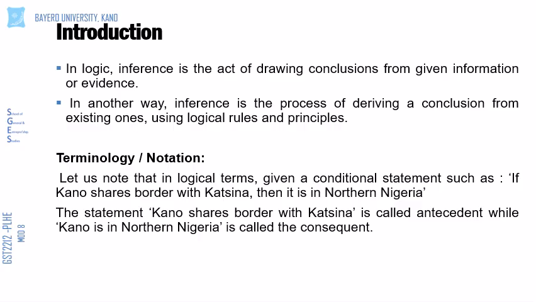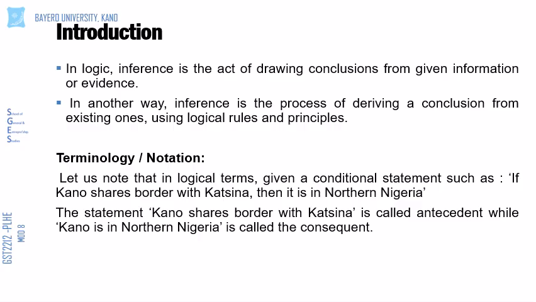And then for a basic notation, we are going to see the conditional statement: if P then Q. The key point here is if P then Q. The P is called the antecedent, while the Q is called the consequent.